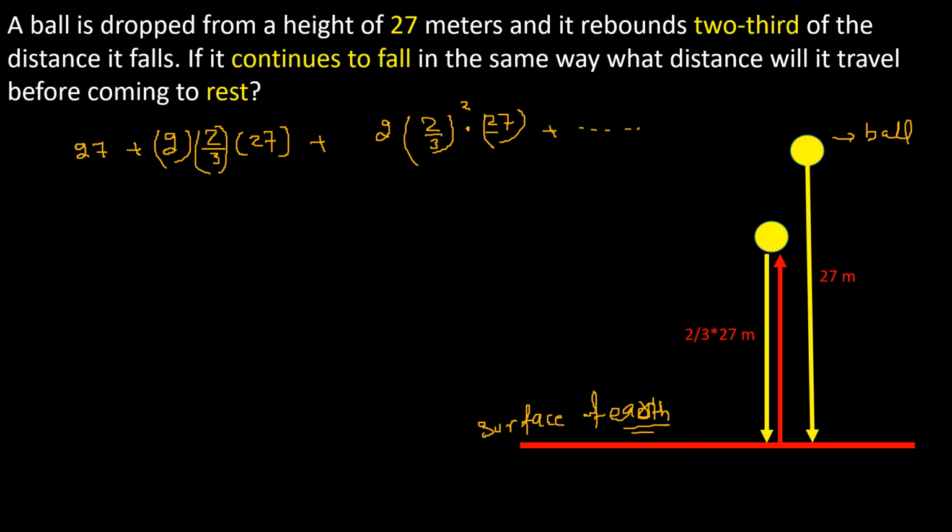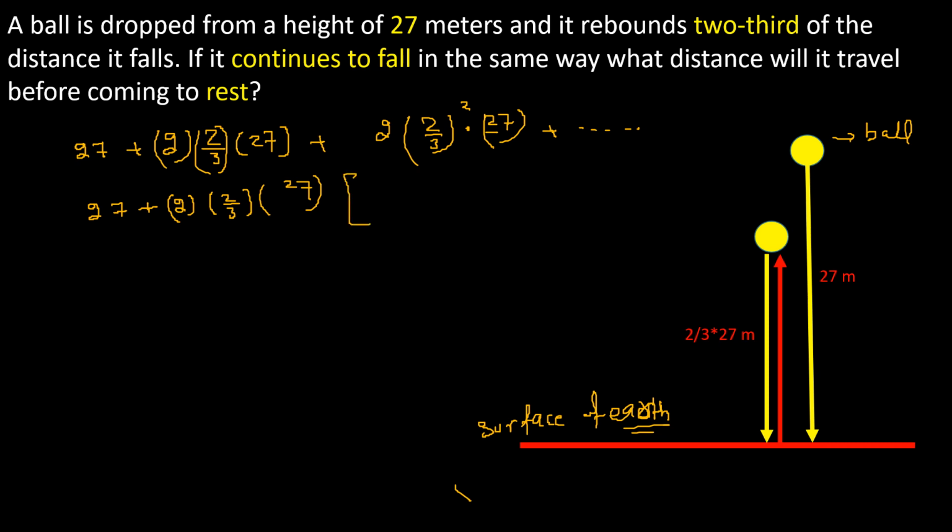So here most of the students think that this is a geometric series. Yeah, this is a geometric series, but to find the infinite sum, we have to make this in the form that the common ratio must be less than 1. So we can see that this 27 will be as it is, and from all these terms we can take common 2 into 2 by 3 into 27. That whole thing will be common.